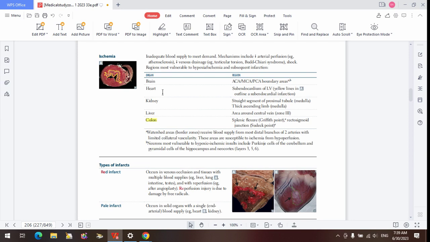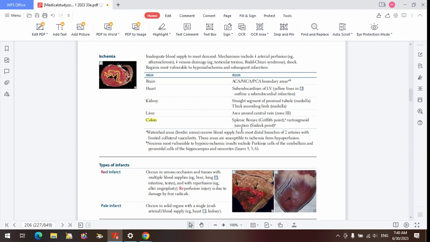So this colon too is like a watershed area. We have two watershed points in the colon. You have one at the splenic flexure. The splenic flexure is just where you have the transverse colon descending as the descending colon.